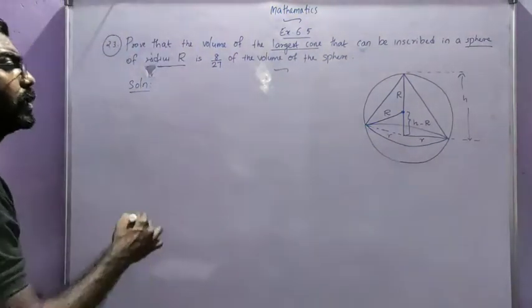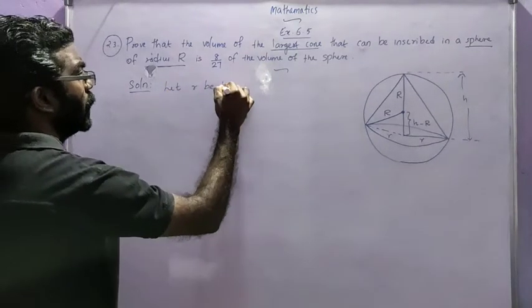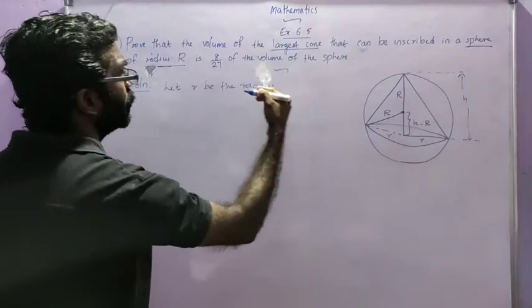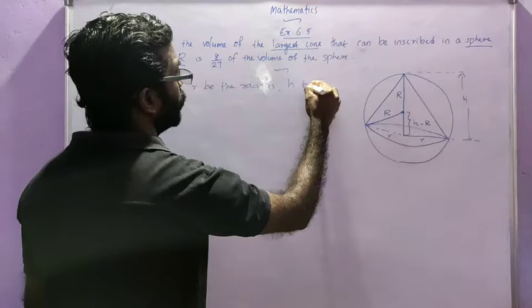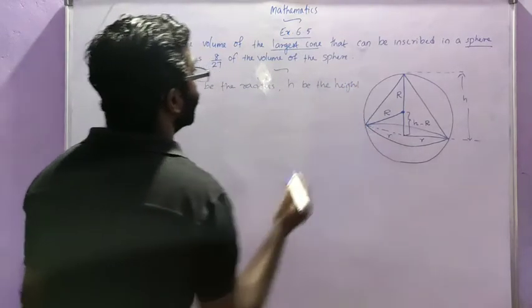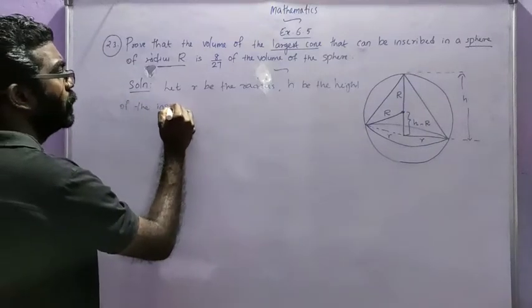Okay. So first of all we can write, let r be the radius, h be the height of the inscribed cone.